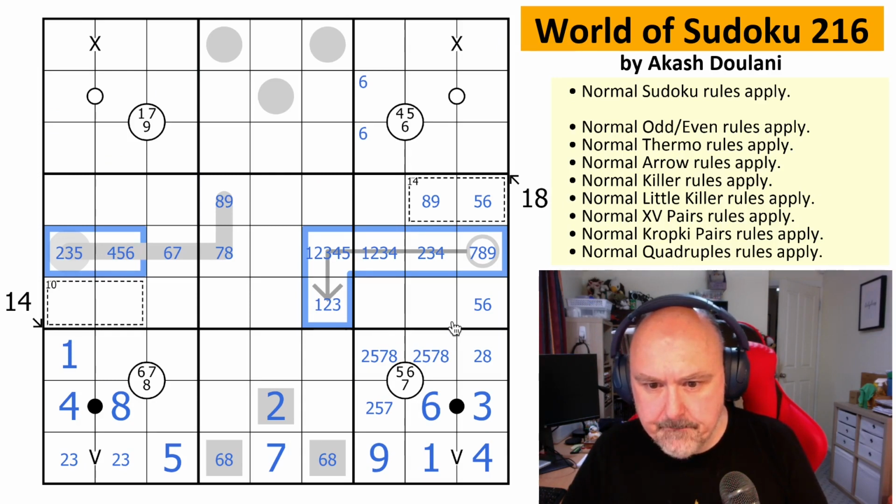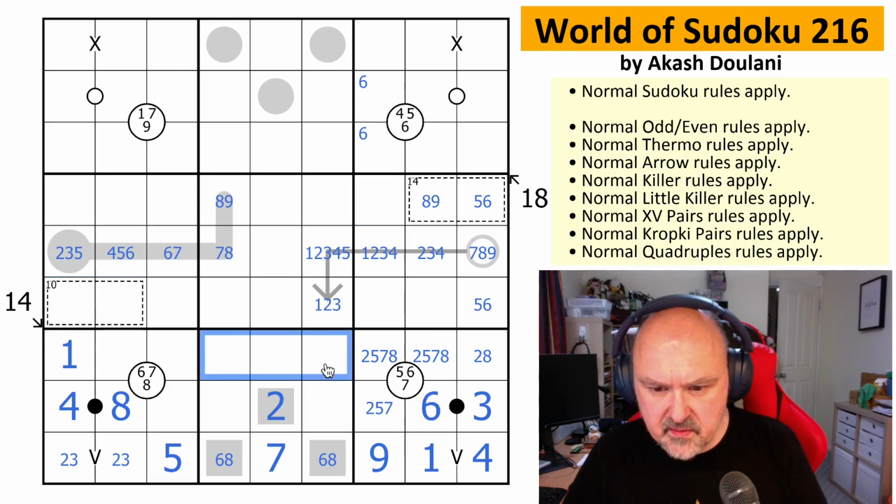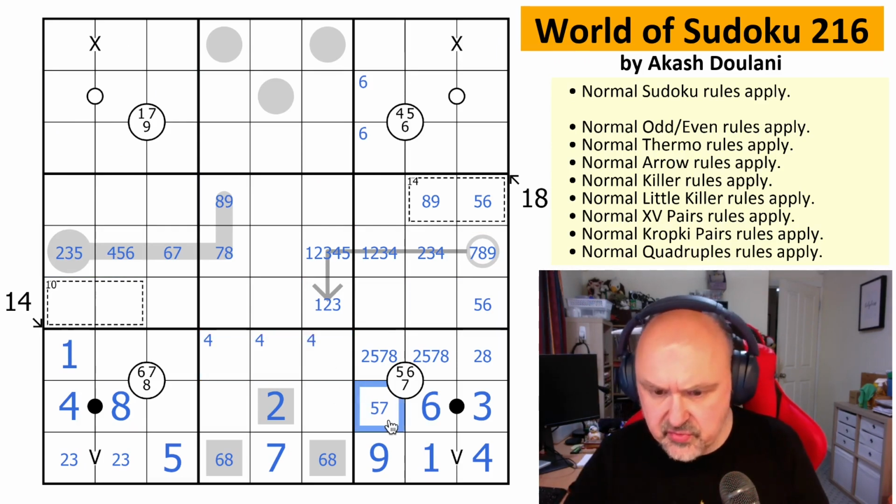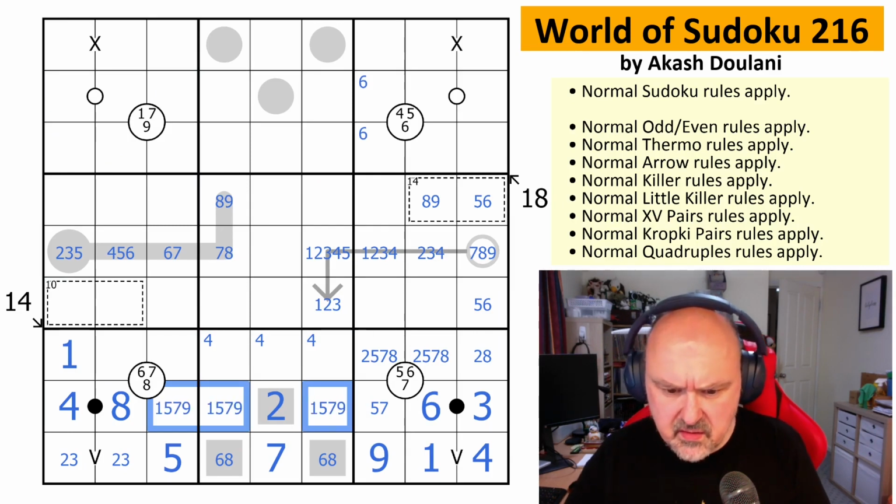Tricky. I know 4 is up there, but this is not a 2. So what is in here again? 1, 5, 7, and 9. Well, there's no 7 in there. There's no 5 there.